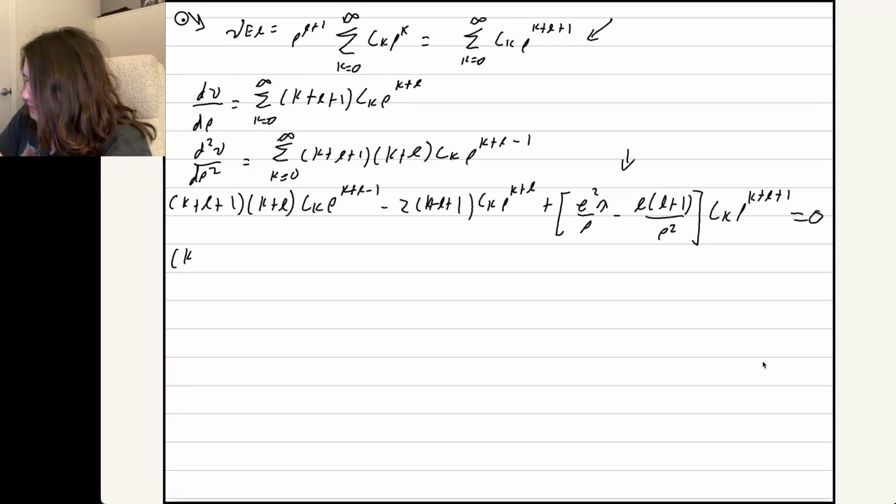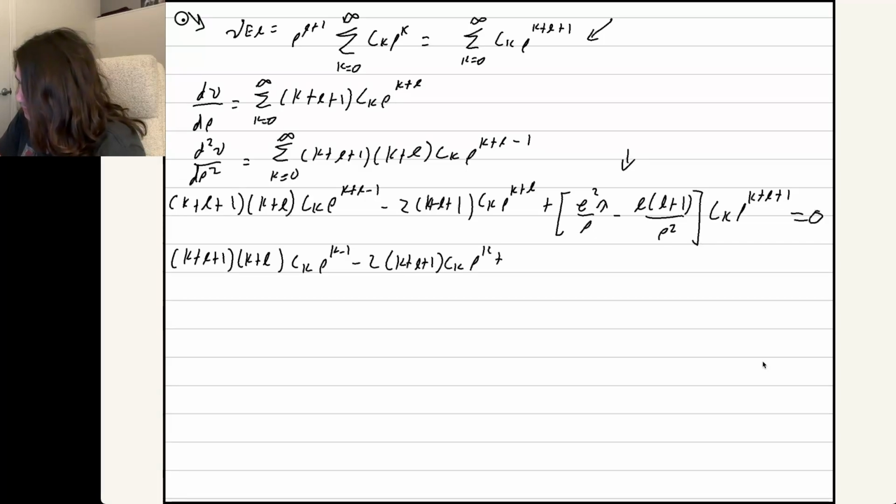So that's going to look like k plus L plus 1 times k plus L, ck rho k minus 1, minus 2 times k plus L plus 1, ck rho k, plus e squared lambda times ck rho to the k plus L, minus L times L plus 1, ck rho to the k plus L minus 1.